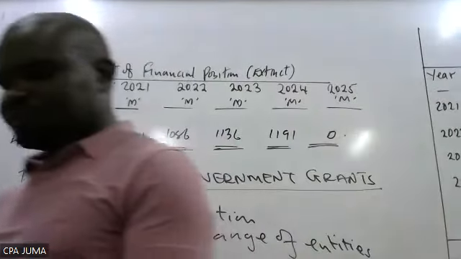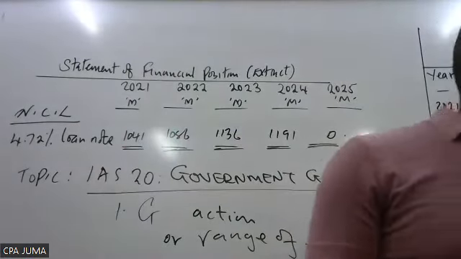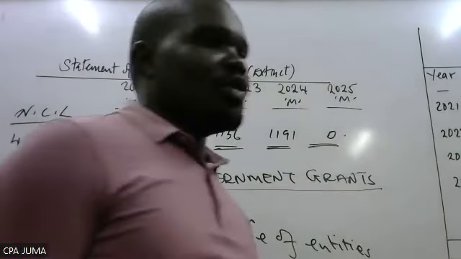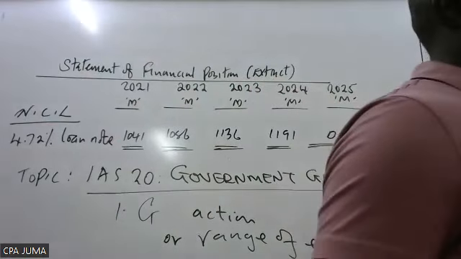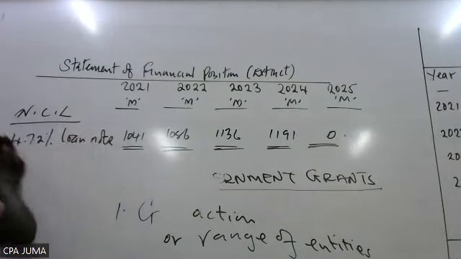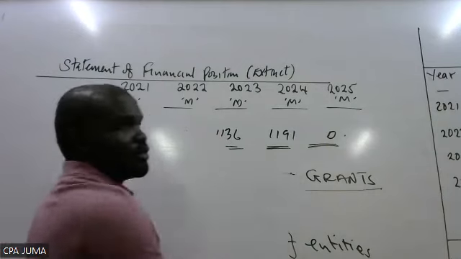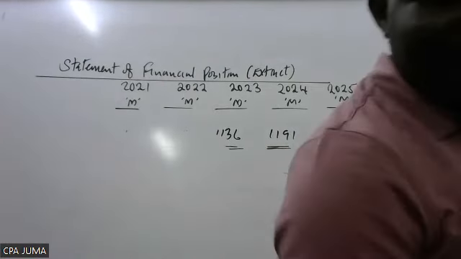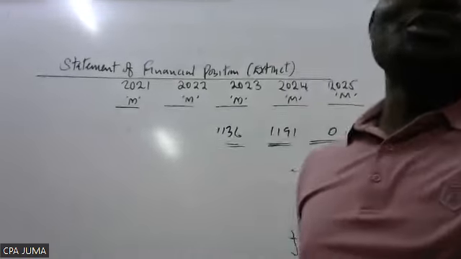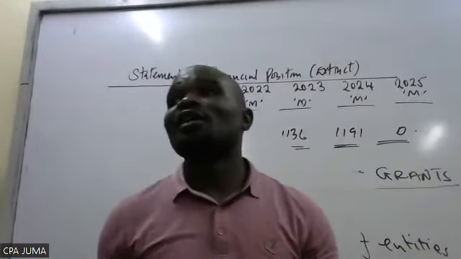Number next, grant related to assets. Like in campus, you remember, sometimes the teacher, I'm not even sorry to say, the teacher himself or herself does not know even what he's teaching.